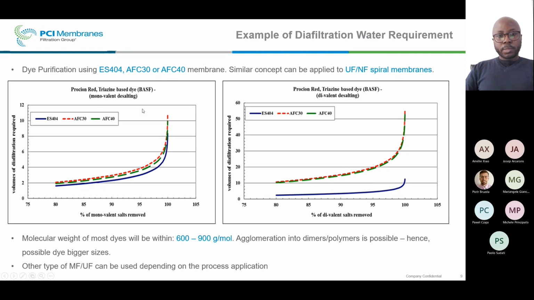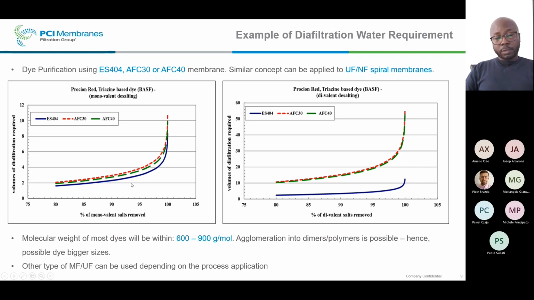So the selection of these membrane types is based on the fact that the dye product itself could have a molecular weight that ranges between 600 to 900 grams per mole. In some instances, it is possible that a bigger molecular weight could be encountered. This is due to the agglomeration of the monomer into dimers or polymers.